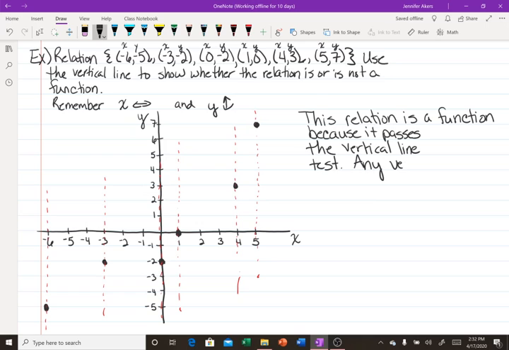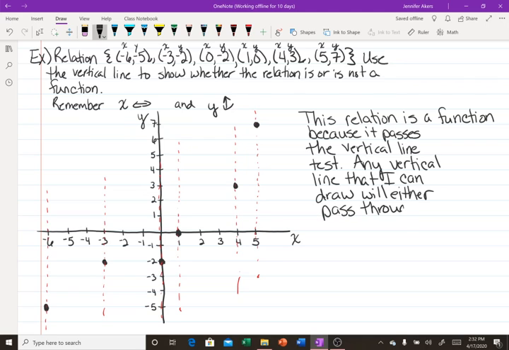Any vertical line that I can draw will either pass through no points, not none, no points, or it will only pass through 1 point.